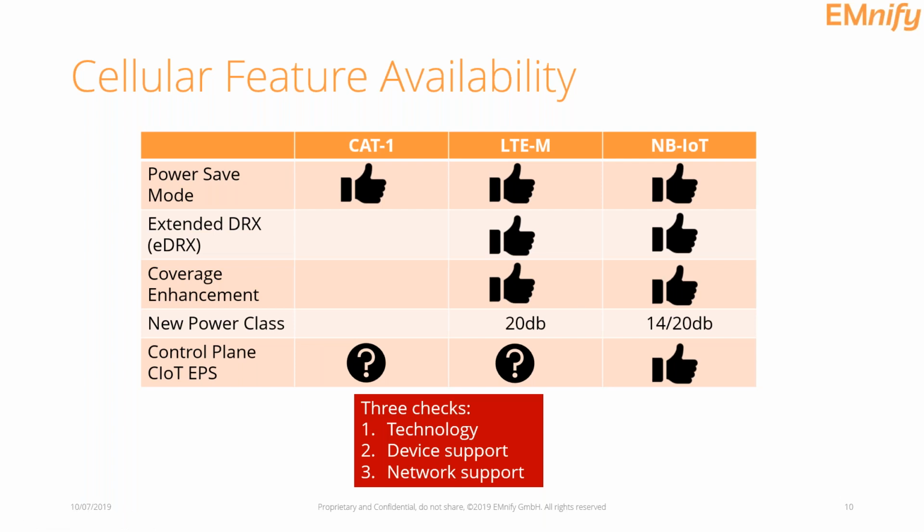Now there's three things if you want to go ahead and deploy a cellular low power WAN device. Besides checking if this technology is available in the area where you want to deploy, you also need to check if the technology really supports this feature, and if the device supports it. There are even LTE-M or Cat 1 devices available which do not support a specific feature.